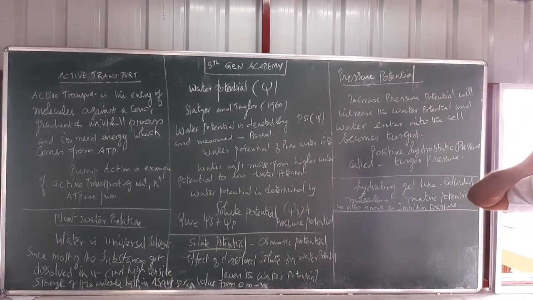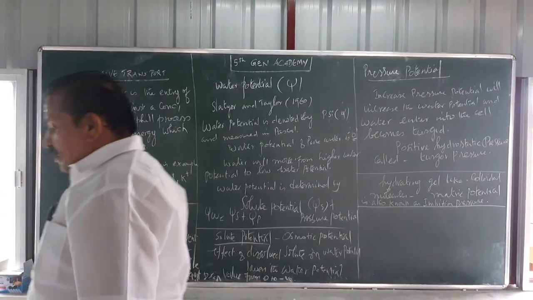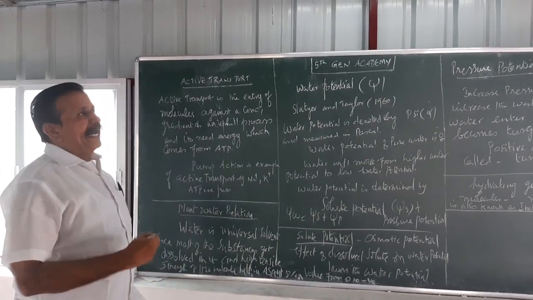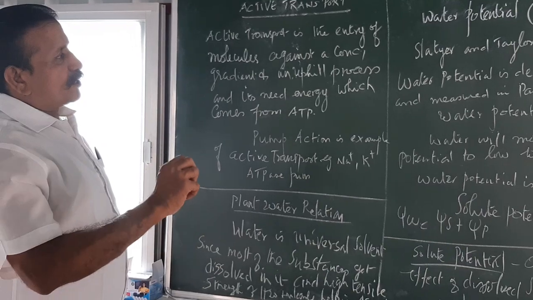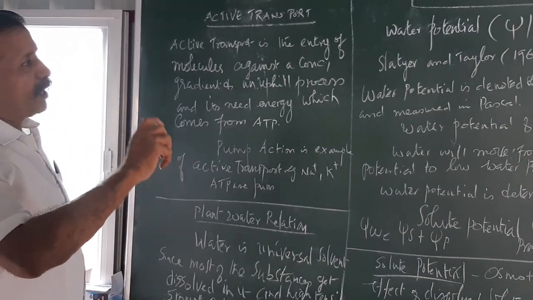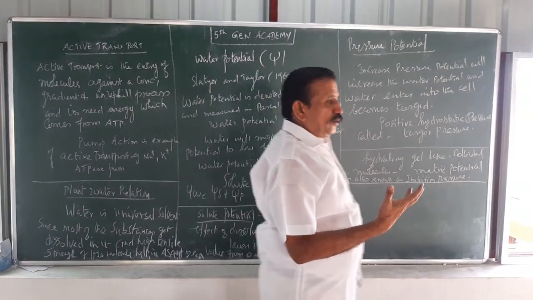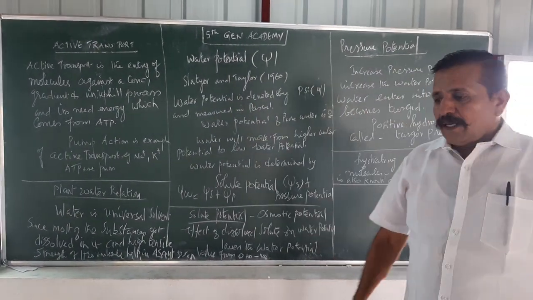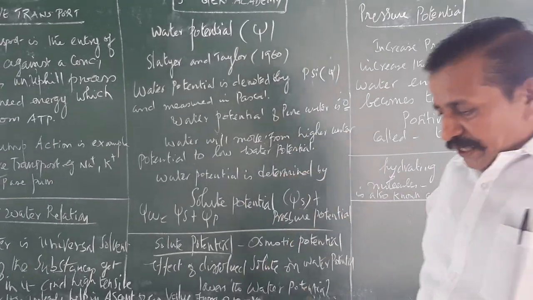So water is the main component, the main universal solvent. It gives a lot of help to the plant. Hence, we first give importance to water potential. I think water has its own energy. That energy is called kinetic energy.